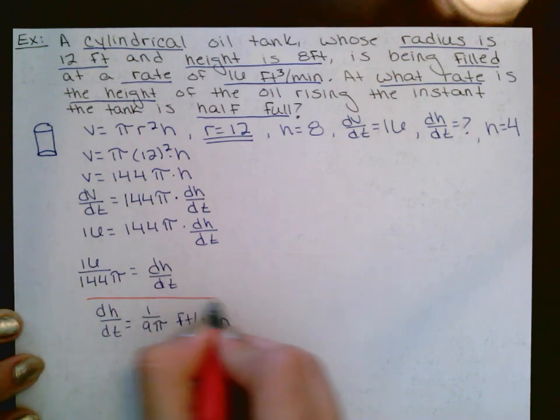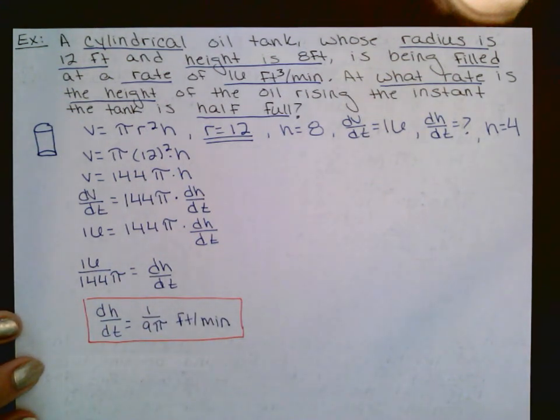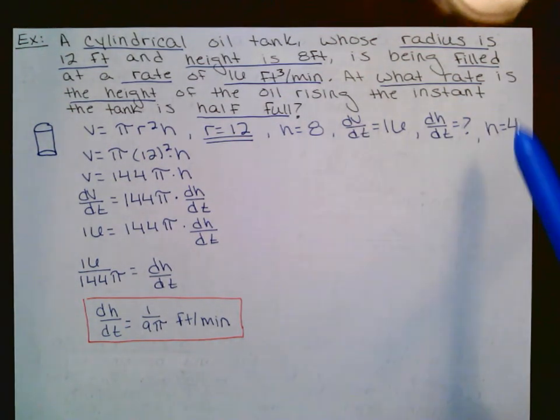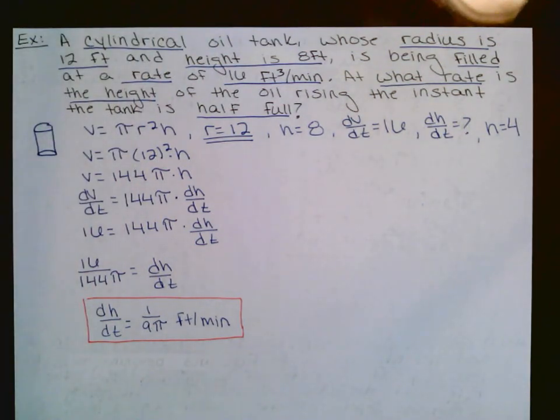So let me address something really quick with you. You might be asking yourself, well, why in the world did they give me all this information about the height was 8 and now it's down to 4? In the cone, right, when we were working with the cone, because of its triangular shape at the bottom, as water starts to leak, I have less and less water for it to leak, right?